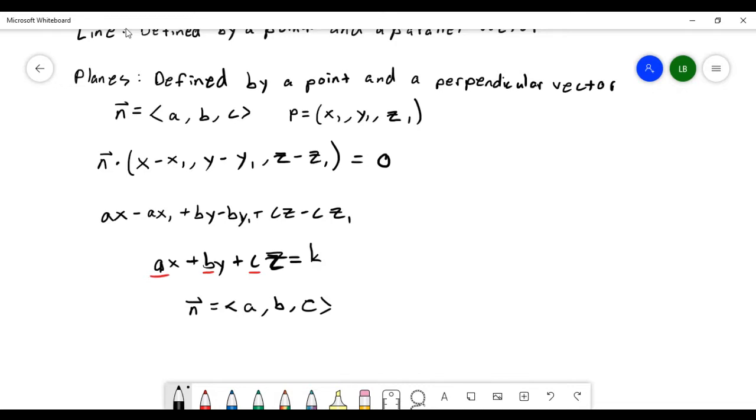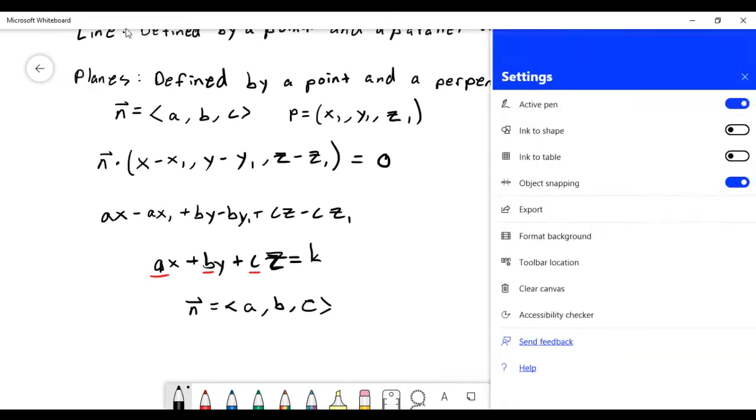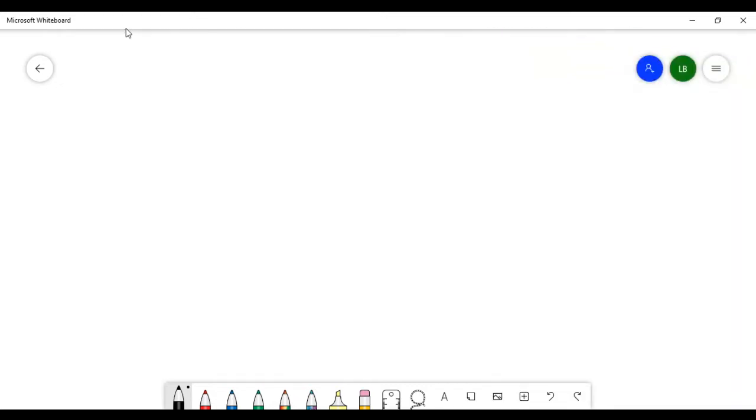All right, so that is basically how you would write the formula for a plane. Unlike lines, you only have just the one way to write it. But we can also do a lot of other fun things. So we'll go ahead and do a quick example.